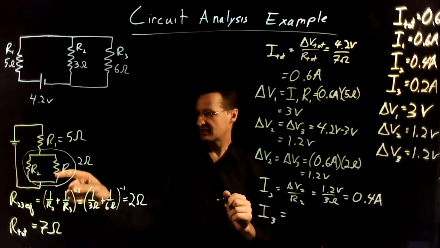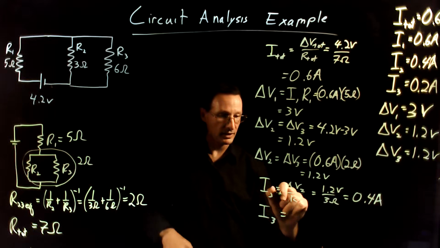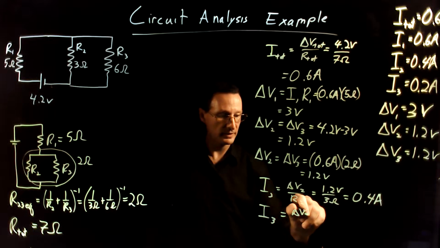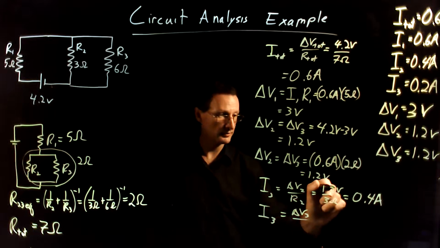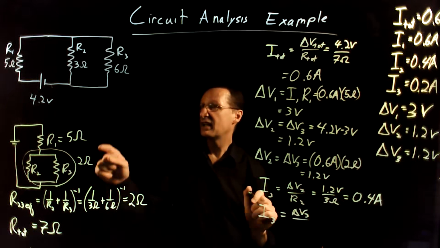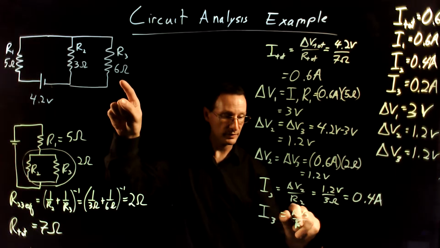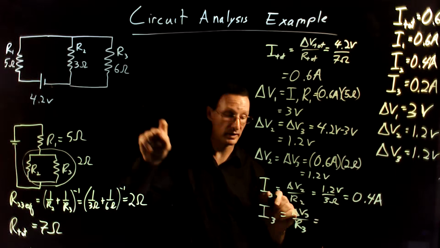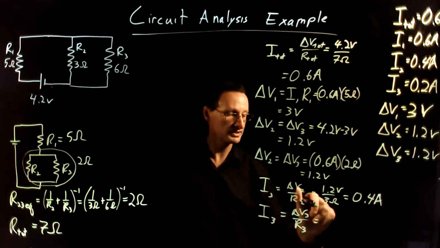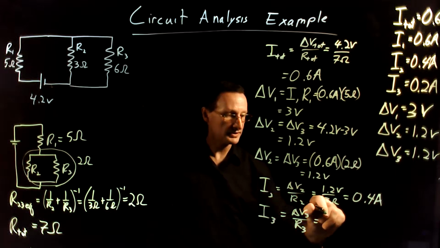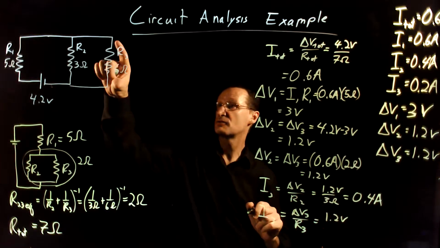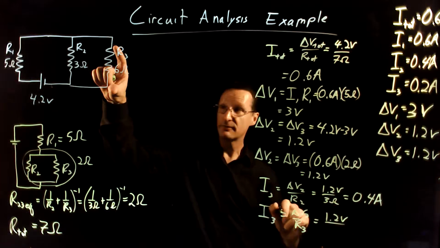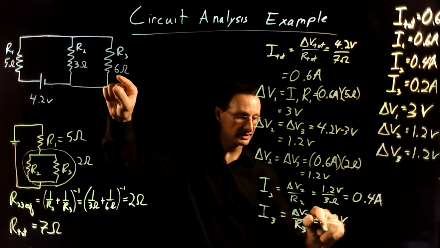I can say, okay, that's got to be equal to delta V across R3, which is 1.2 volts, divided by the resistance of R3, which is 6 ohms.